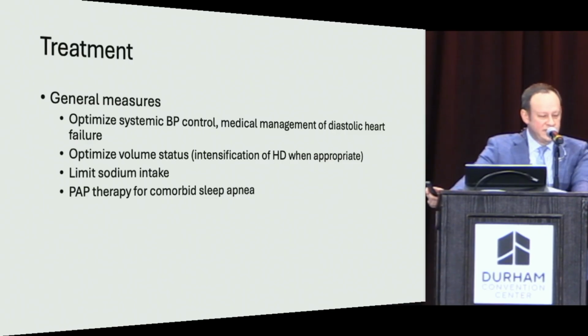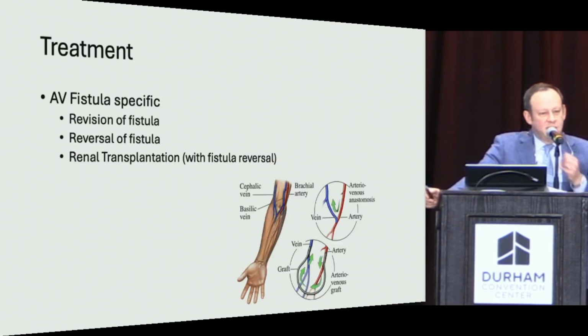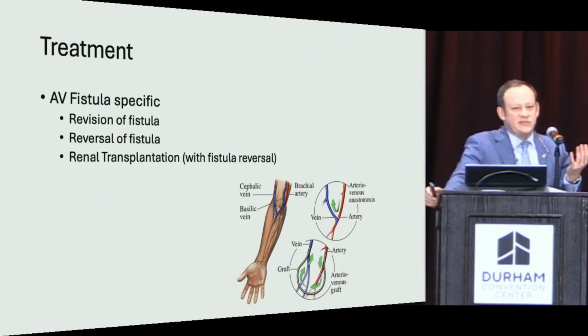Obviously, limitation of sodium intake and other factors which contribute to a volume overloaded state, and treatment of sleep disordered breathing with positive airway pressure therapy to make sure that any contribution from that is optimized as well.